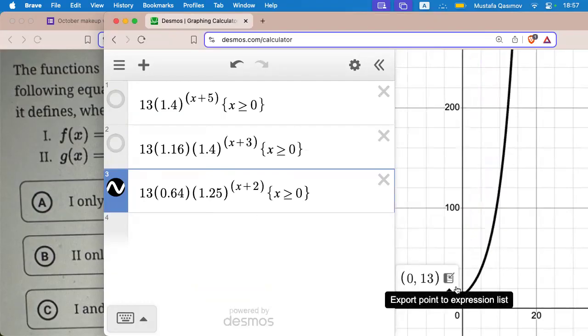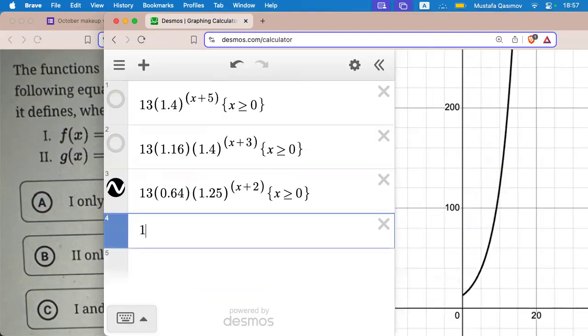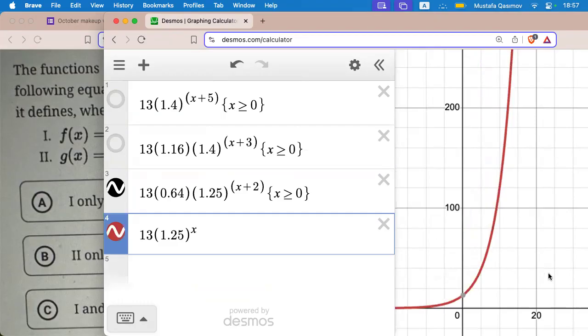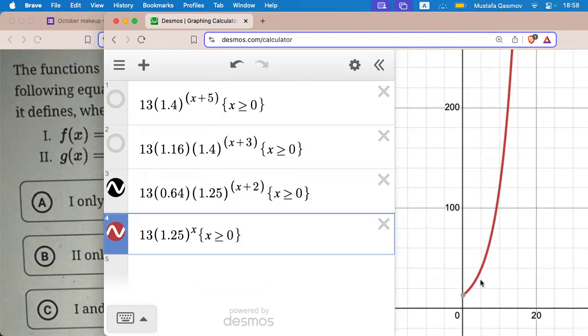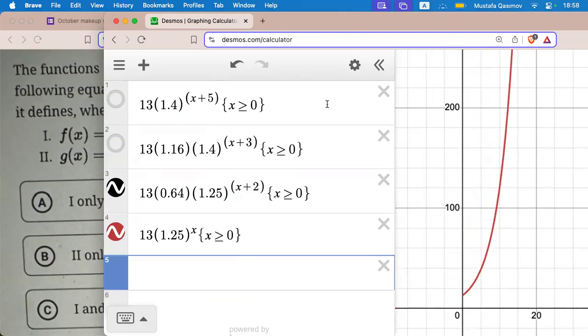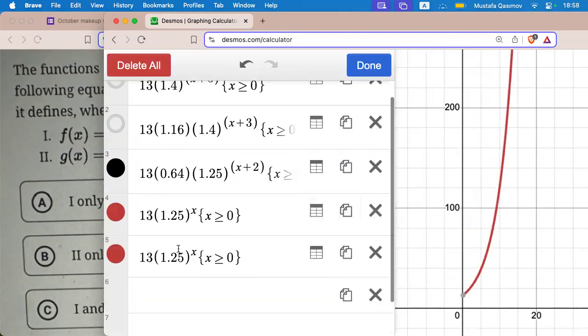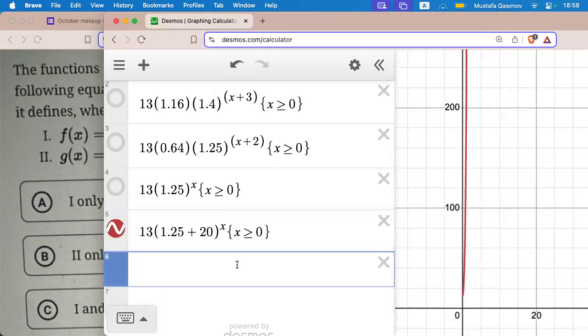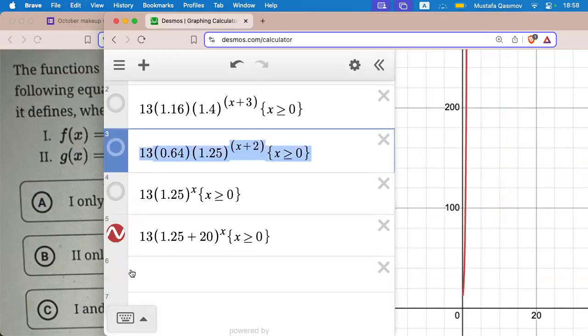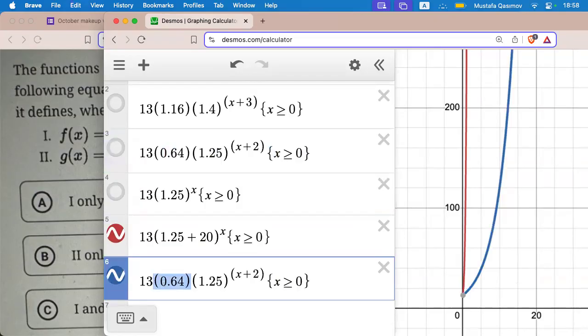If you have this function, it will be correct. Or certain multiplied by 1.25 to the power of x, it's also correct. Also, if you have something like that, you can see it's also correct. Also, for example, if you have something like this, it will also be correct.